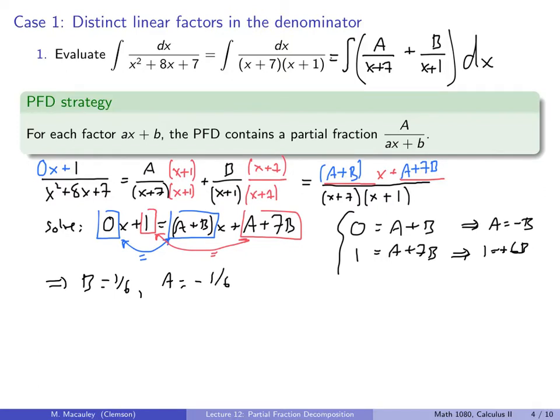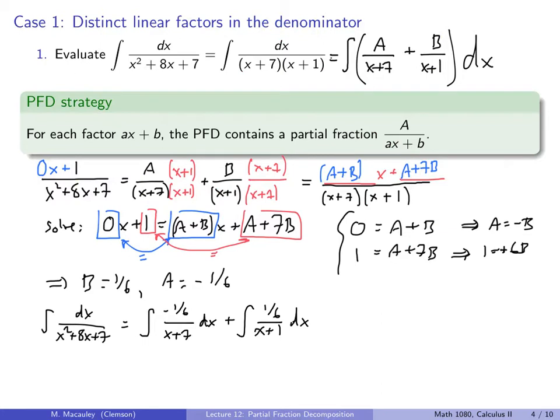So now our integral of dx over x squared plus 8x plus 7 is really equal to this thing here. I'll write this as two integrals. The first one being the integral of negative 1/6 over x plus 7 dx plus the integral of positive 1/6 over x plus 1 dx.